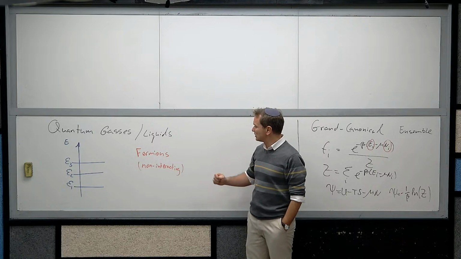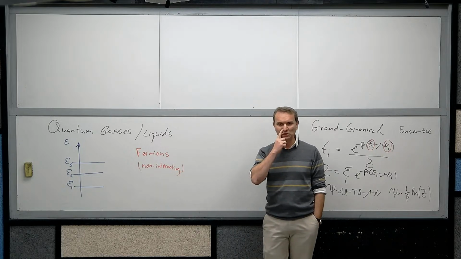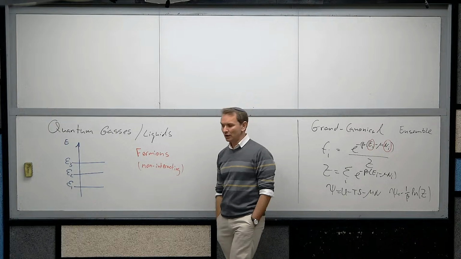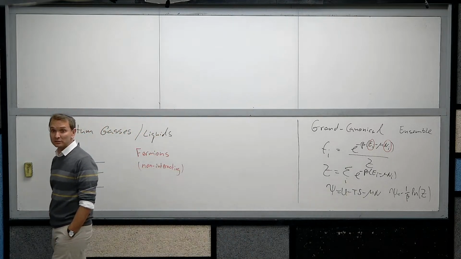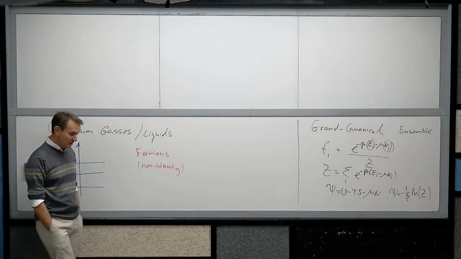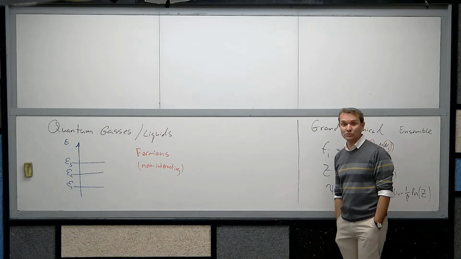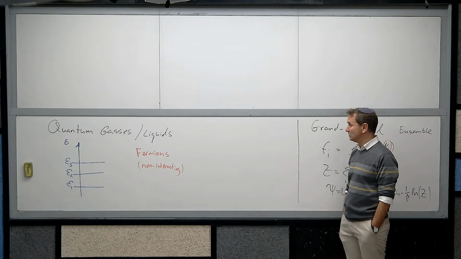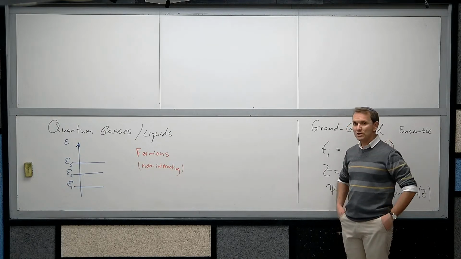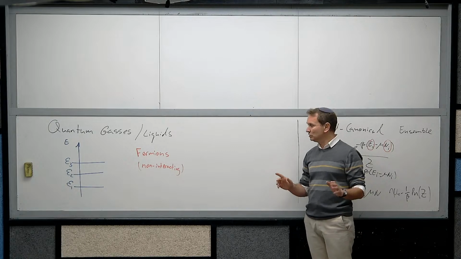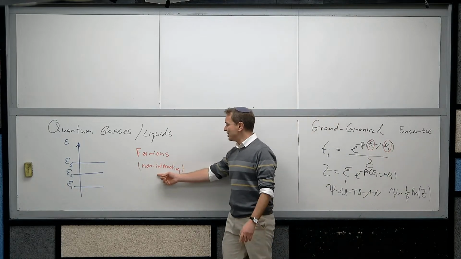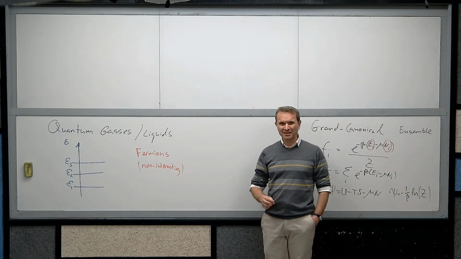Usually fermions, like electrons, repel each other because they have an electric charge. Now we completely omit this from our discussion, and we say there is no interaction, but it's a trick.